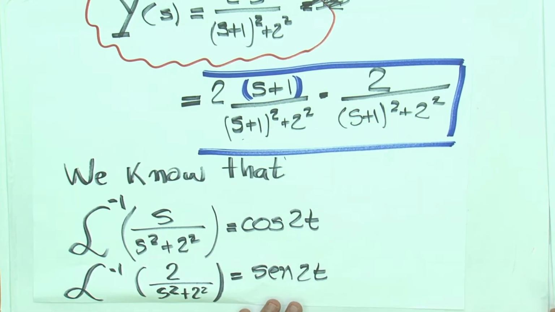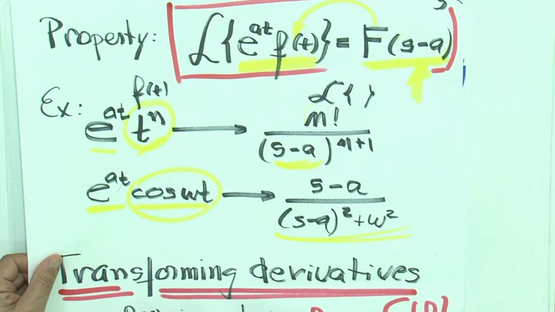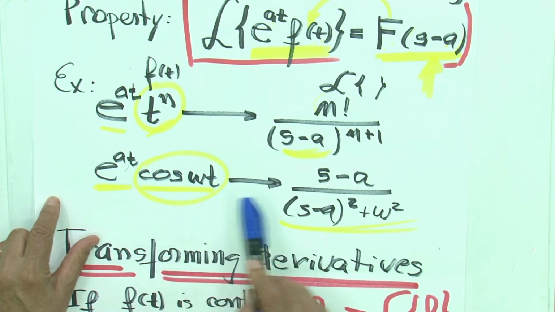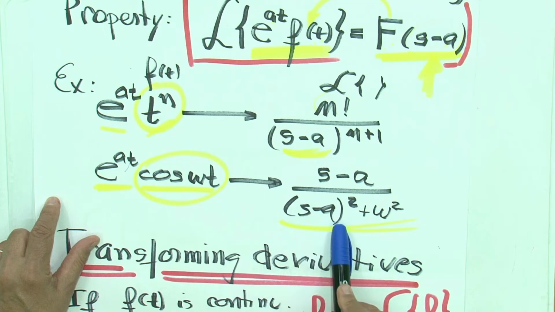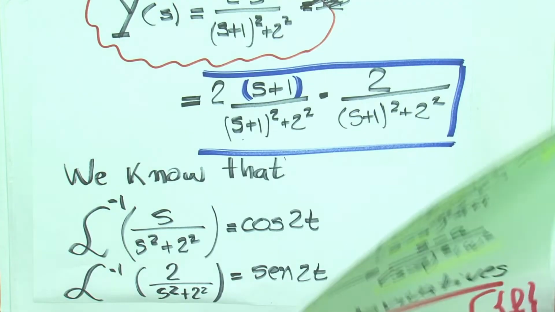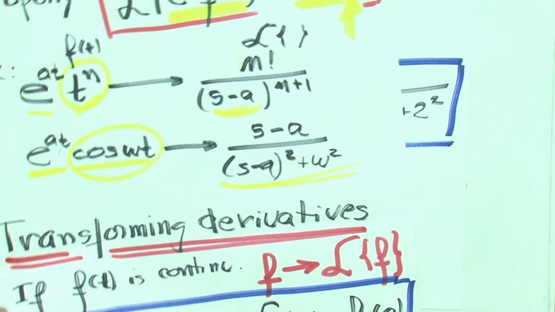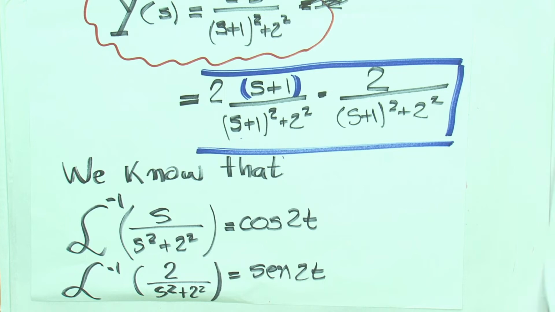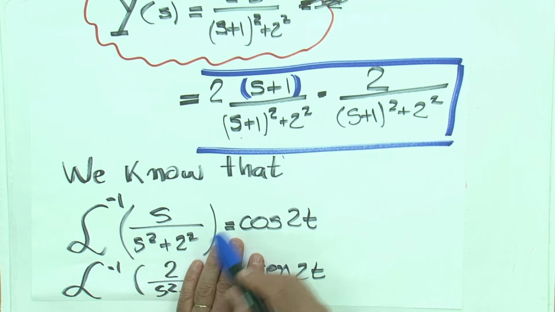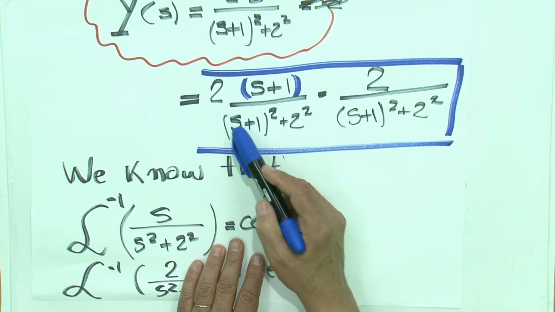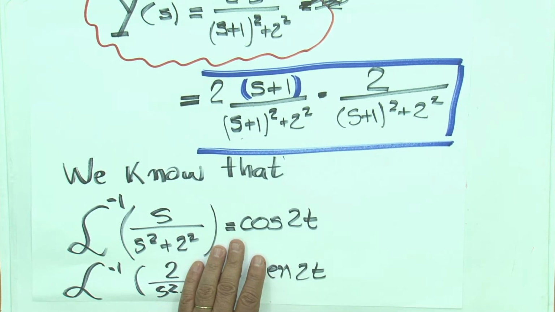Because now I look at this and say, well, this is a displaced cosine. And it is displaced using the property that when we multiply by an exponential, the cosine gets s displaced. Here we have to identify, right? Because here it will be plus 1, so a here is minus 1. That's all. A is minus 1. And then I already identified that this is an exponential of minus t times the cosine of 2t.